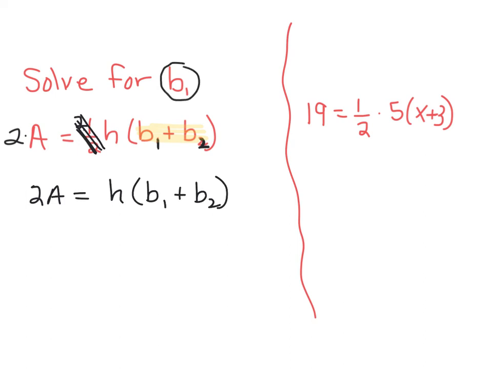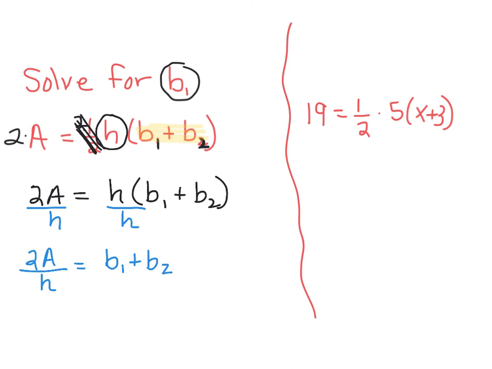Well, it's being added to b2, and then that whole thing is being multiplied by h. So before I touch the b1 or the b2, I need to get rid of that h. The opposite of multiply by h would be divide by h. That gives me 2A over h equals b1 plus b2.